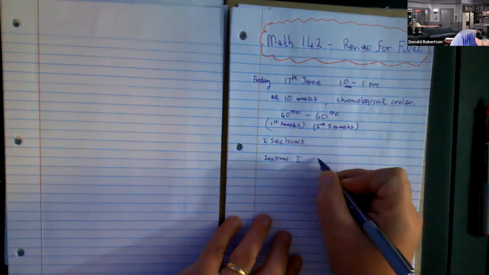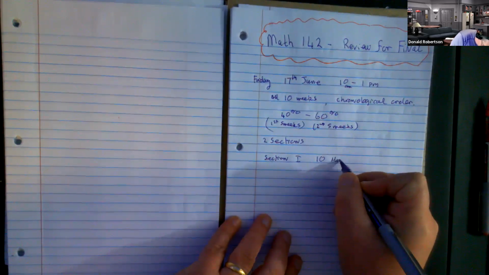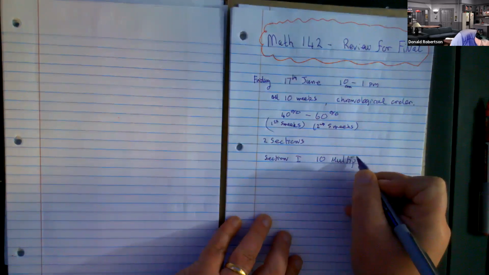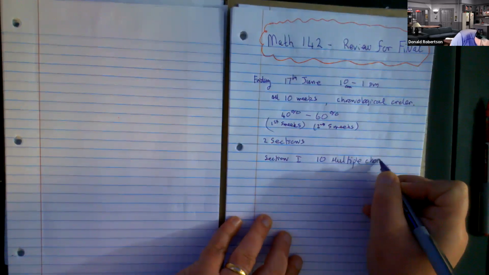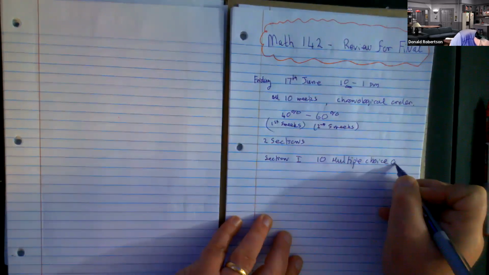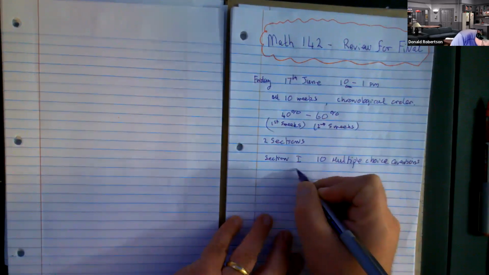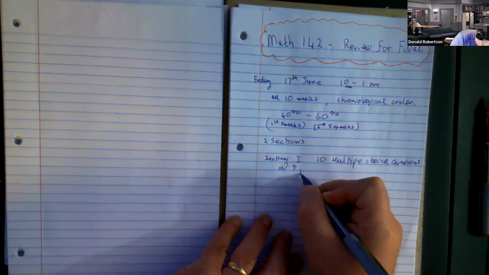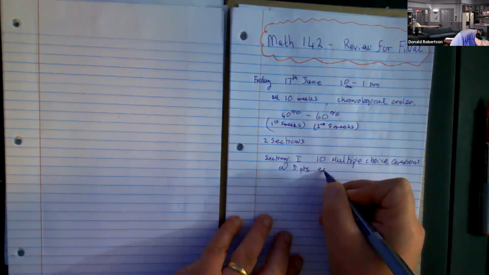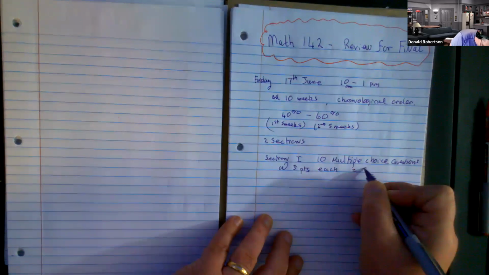Section 1 will be 10 multiple choice questions. And they are worth 5 points each. And so that comes to 50 points.